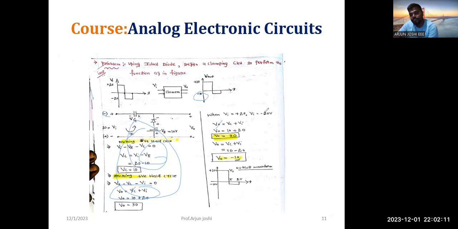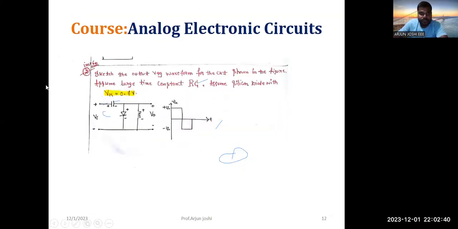Whenever Vi is equal to 20, VC is equal to 10, so 10 plus 20 is equal to 30. Whenever Vi is equal to minus 20, 10 minus 20 is equal to minus 10. Whenever Vi is 20, output is 30. Whenever minus 20, output is minus 10. Very simple. So that's how we need to solve the problem. I think all of you understand it. Very simple problem, they will ask it for 8 marks.